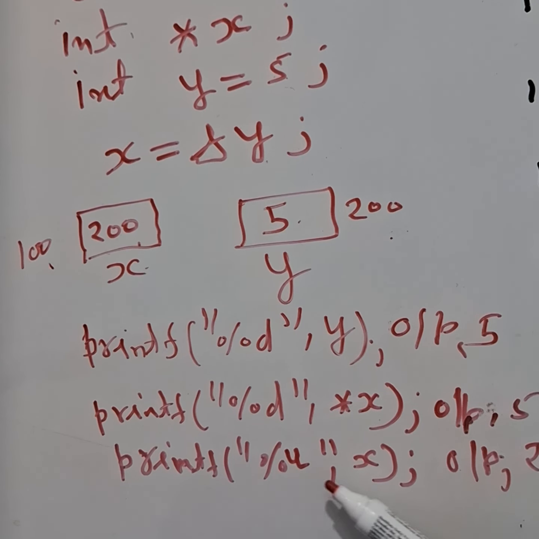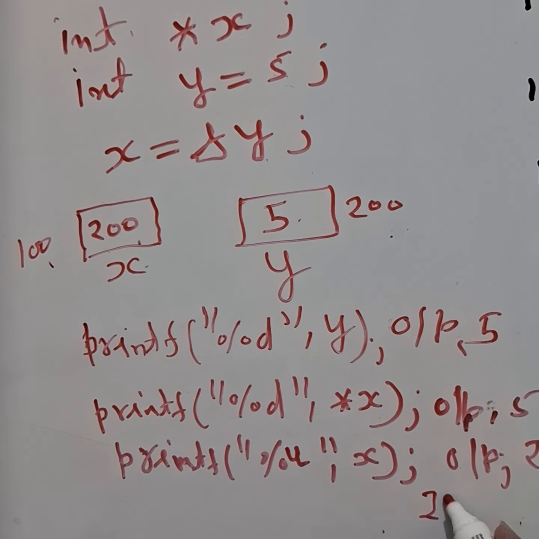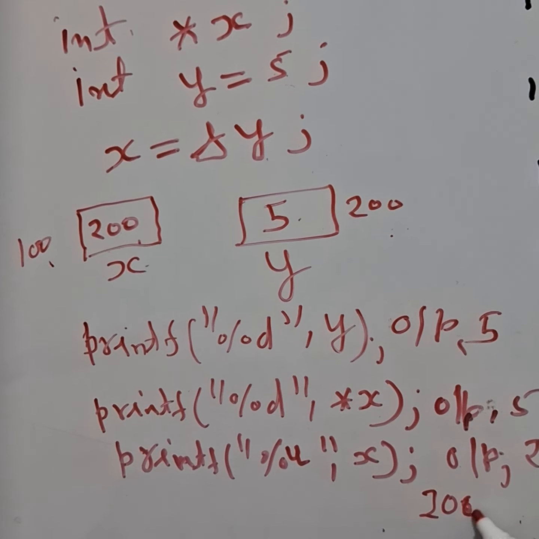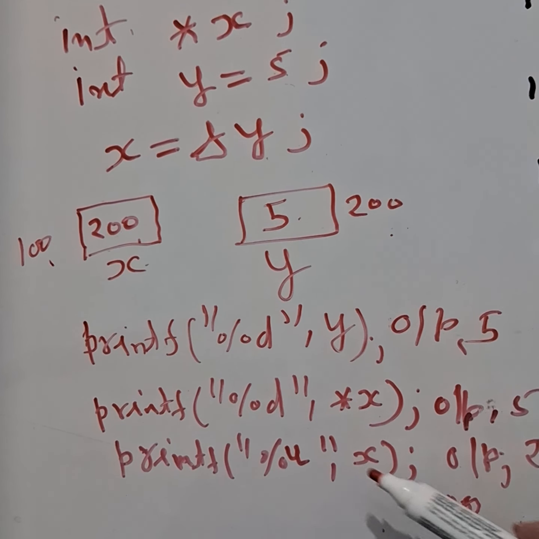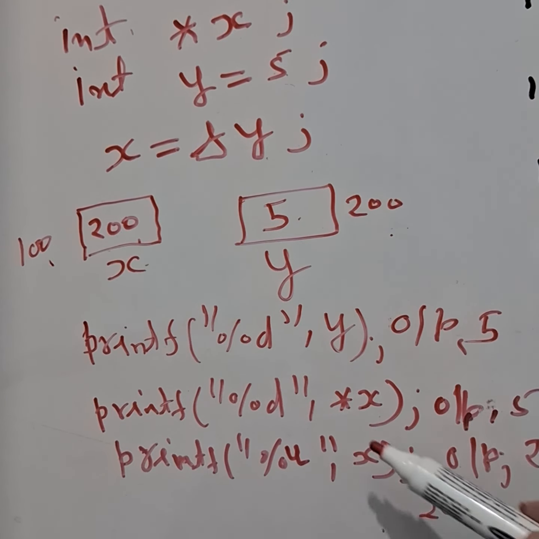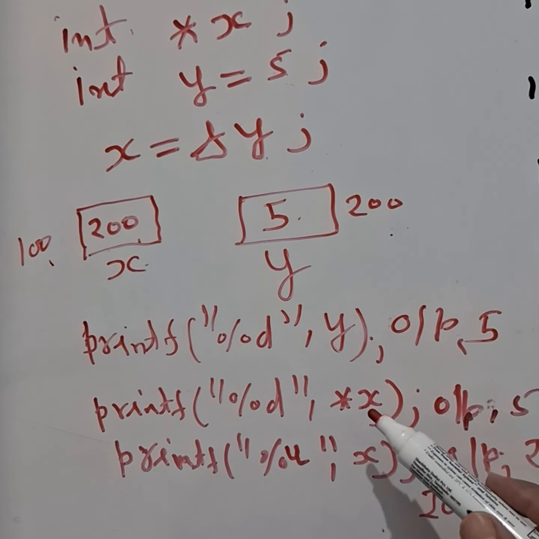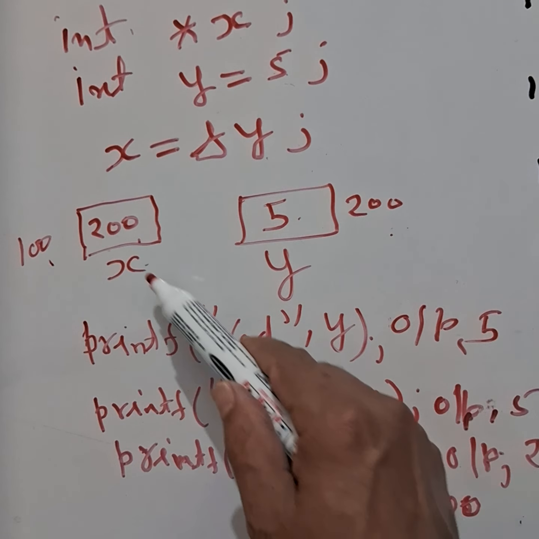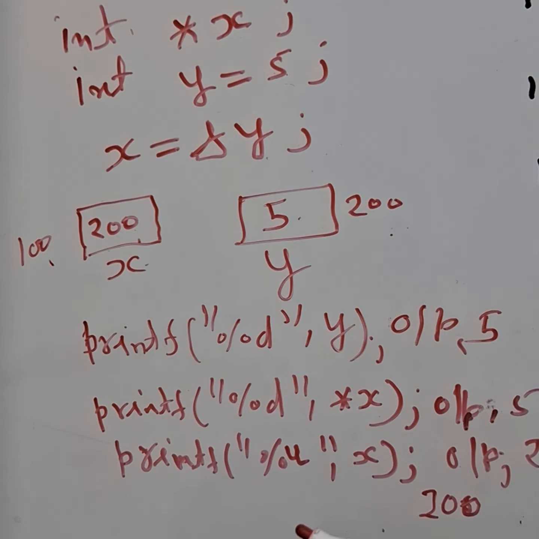So when we print this statement, we get the output 200, because the value of x is 200. If you print the normal value of x, it is 200. If you want to print asterisk x, that is the value at x, which means the value at 200. The value at 200 is 5, so we will get the original value.